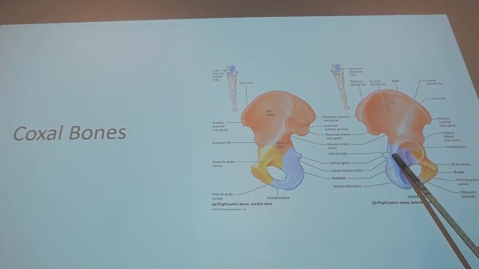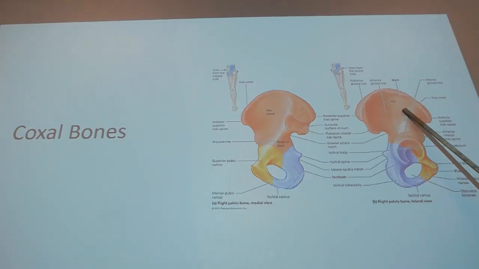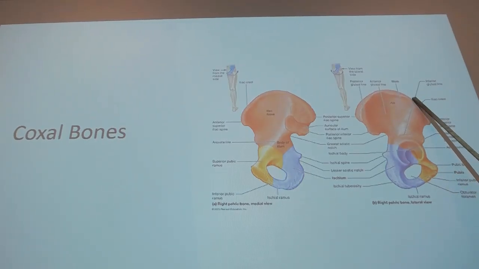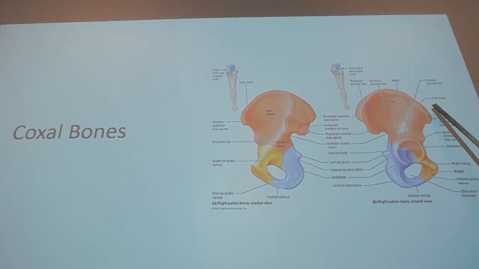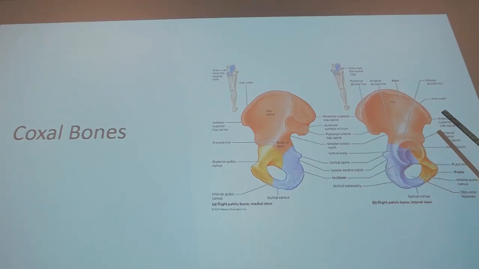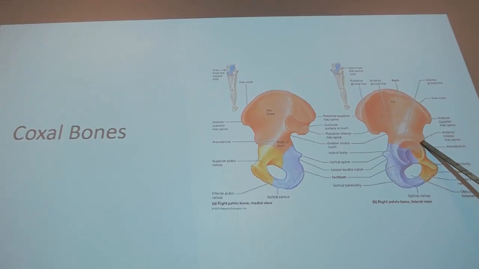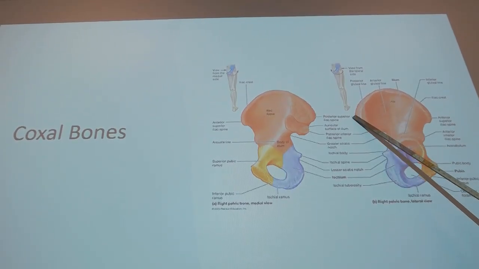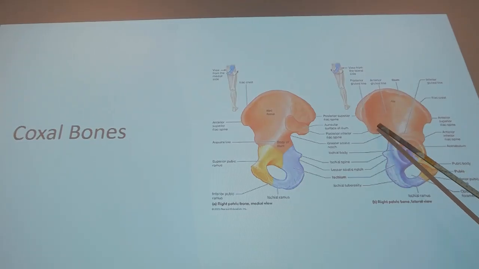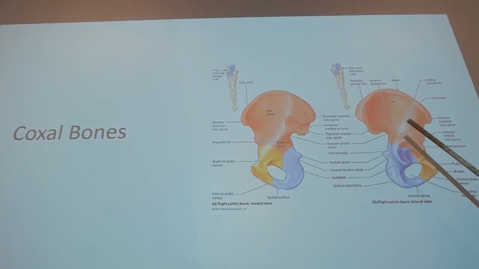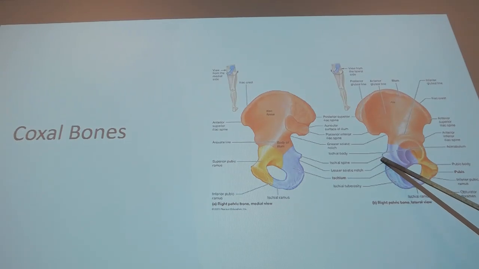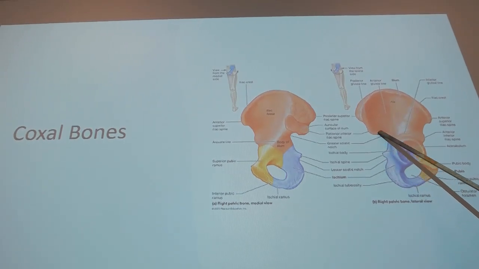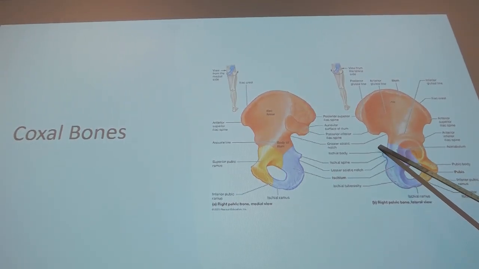What you can see here posteriorly, laterally, you still can see the iliac crest, anterior superior iliac spine, anterior inferior iliac spine, posterior superior iliac spine, posterior inferior iliac spine. Below this posterior inferior iliac spine and above the ischial spine, we have the greater sciatic notch.